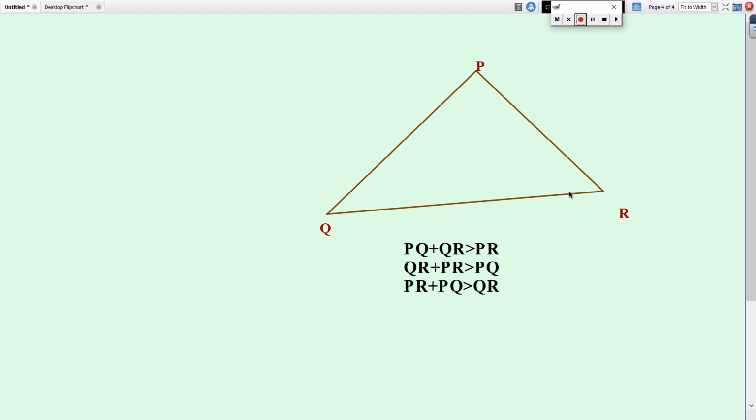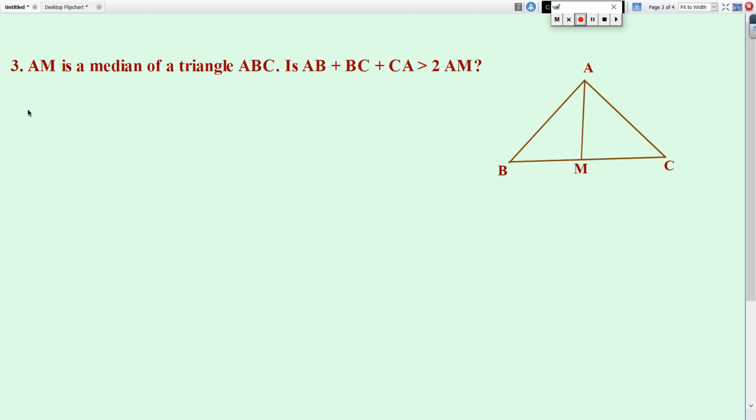Now look at the question. Here AM is the median of triangle ABC. You have to check AB plus BC plus CA greater than 2AM. First consider the triangle ABM.